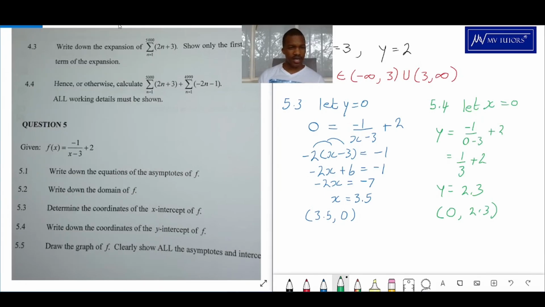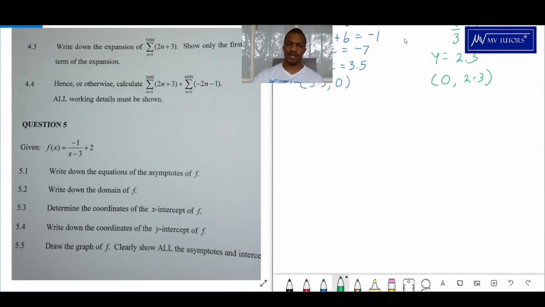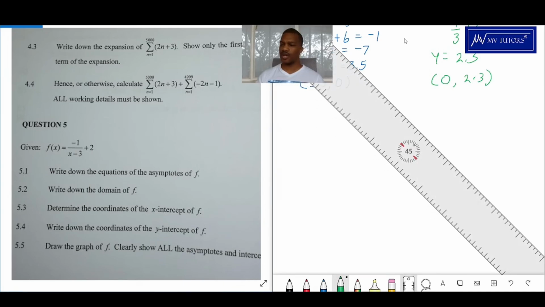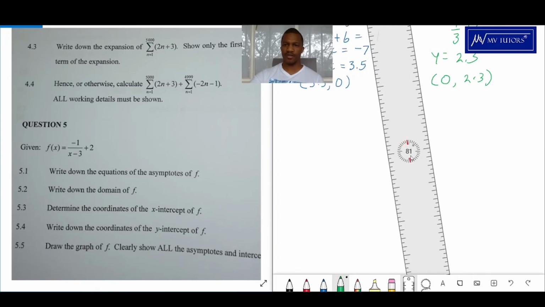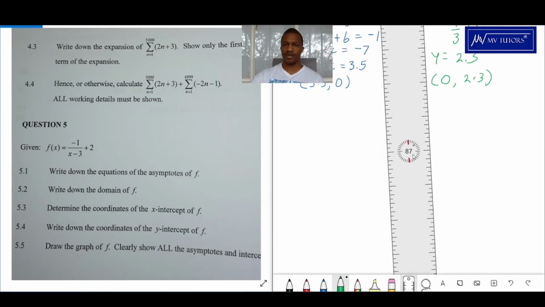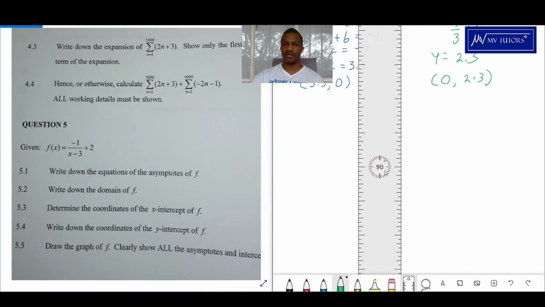And then it says draw the graph of f, clearly show all asymptotes. Okay, now we're going to draw this graph with our values there. So you get yourself a ruler. Okay, we need it. Let's draw a horizontal line first. I mean a vertical one. We need 90 degrees.